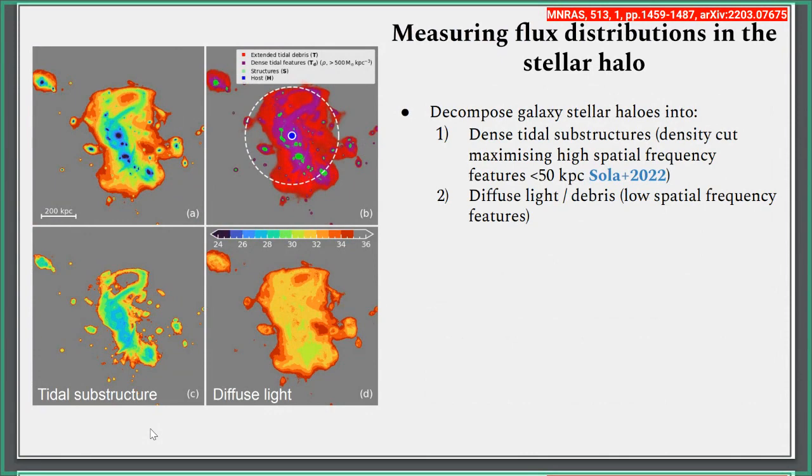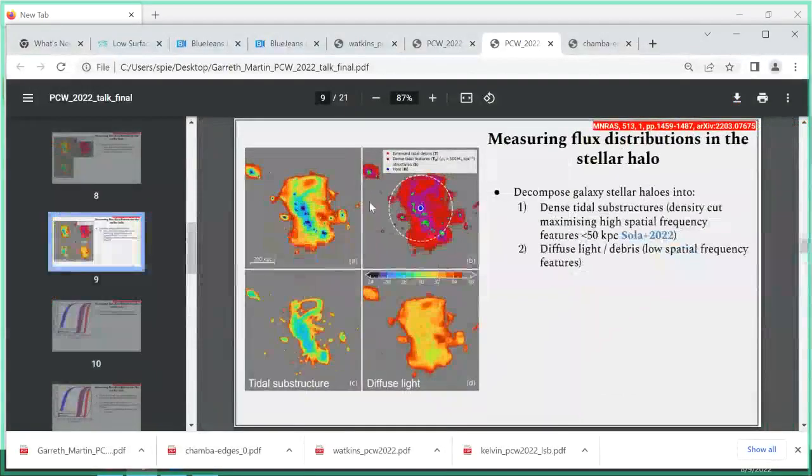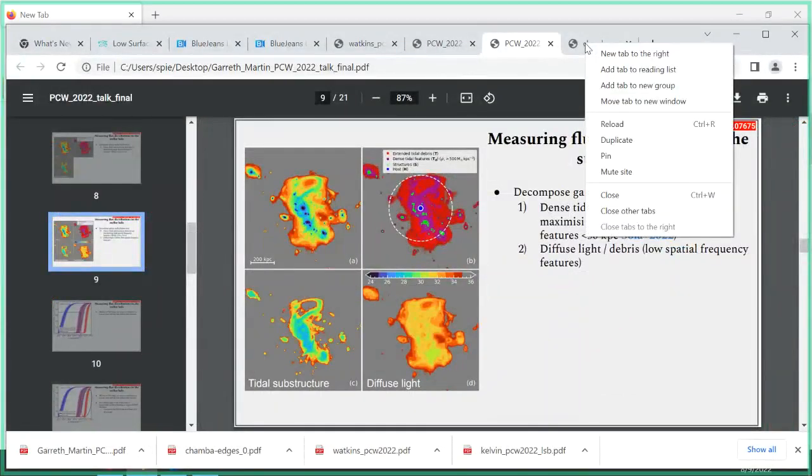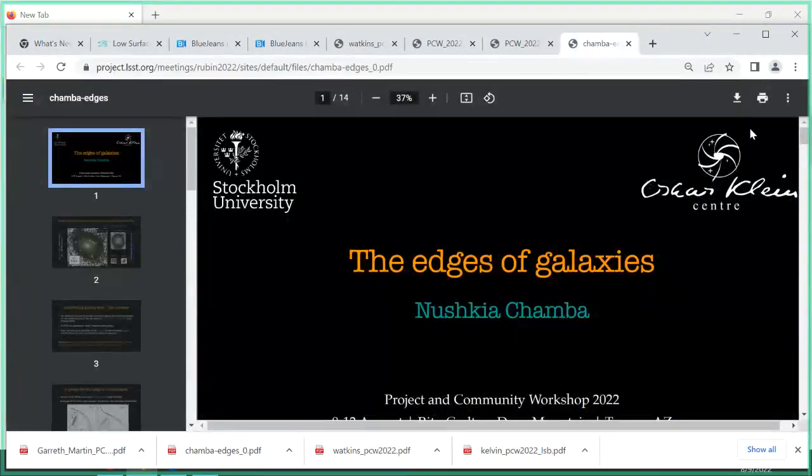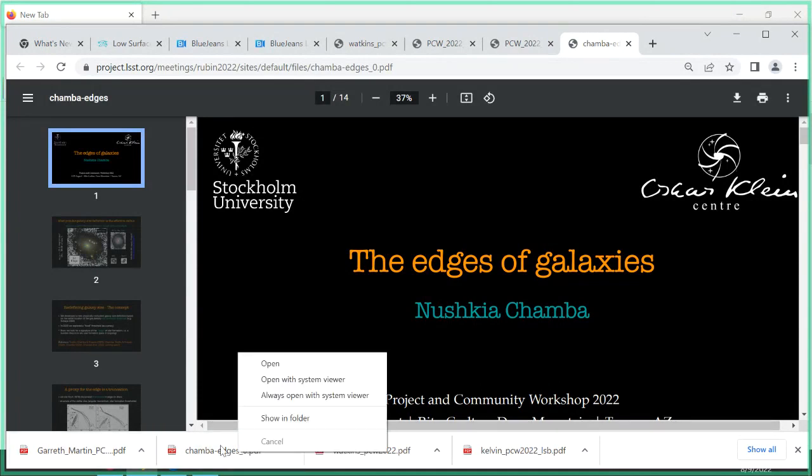Essentially, very bright tidal structures, very close to the galaxy, will probably be removed, but the majority of the tidal structure that's much fainter is not captured by the structure finder, and it shouldn't be. They should be kinematically distinct from the galaxy anyway. Okay, thank you.